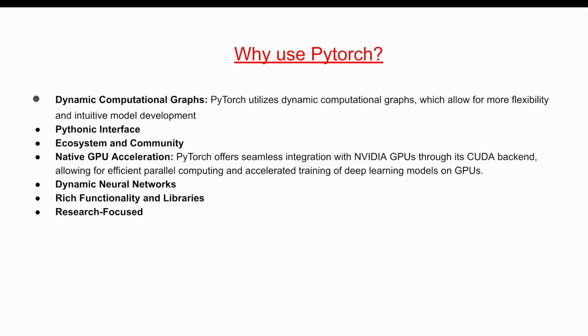And also, another reason why you may consider using PyTorch is the dynamic neural networks. PyTorch's dynamic nature enables the creation of dynamic neural networks where the structure of the network can change during runtime based on input data or even other conditions.